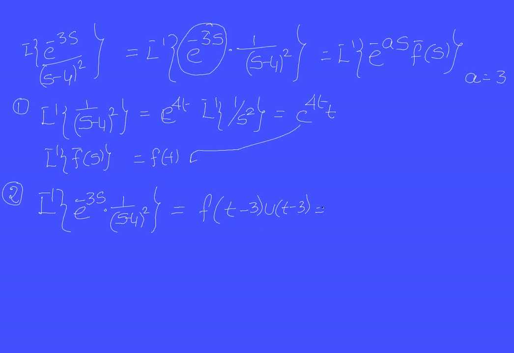But f of t is e power 4t into t. Therefore, e power 4 into (t minus 3) into (t minus 3) into u of (t minus 3). So this is the L inverse of so and so using the second shifting theorem.